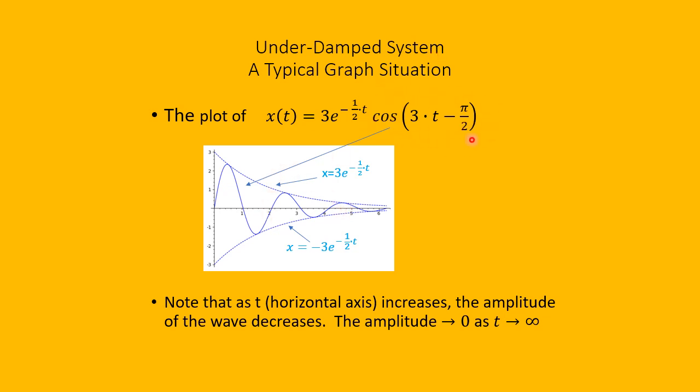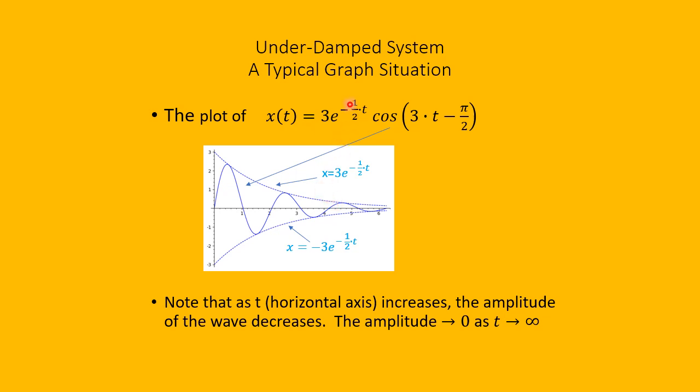We would have these curves if this second factor were identically 1. But it's not. It's cosine of 3t minus pi over 2. Cosine of something always is somewhere between minus 1 and 1. So what happens is x of t for any t is somewhere between this factor times minus 1 and this factor times plus 1, which are these two enveloping curves that we see here.